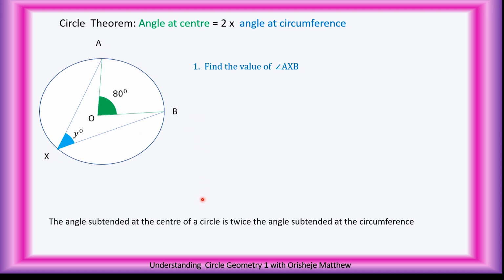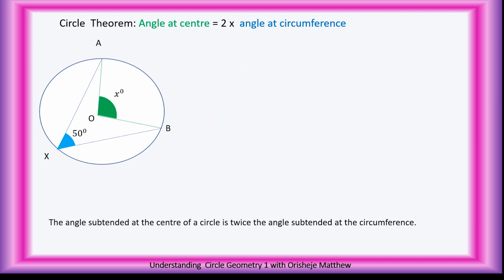So what do you think? From the theorem, angle AOB is equal to twice angle ASB. So we have that 80 degrees equals 2y. Therefore, y is equal to half of 80 degrees. So y is equal to 40 degrees, because the angle subtended at the center of the circle is twice the angle subtended at the circumference. As easy as that.